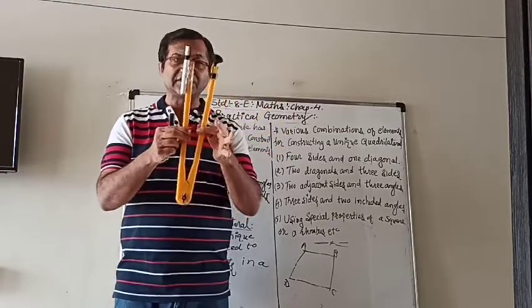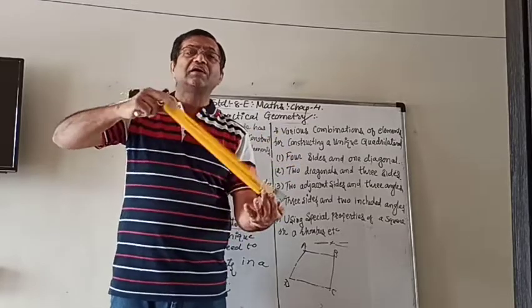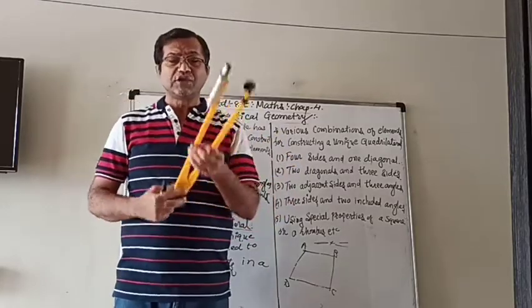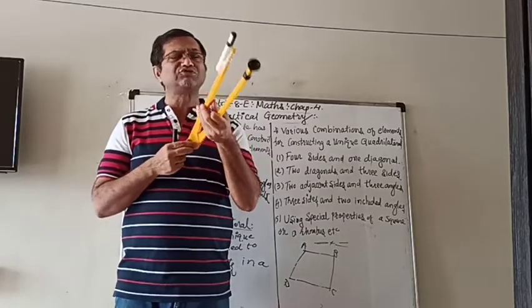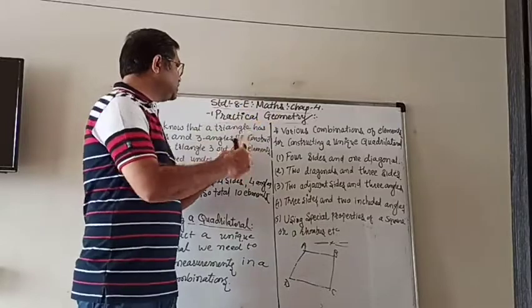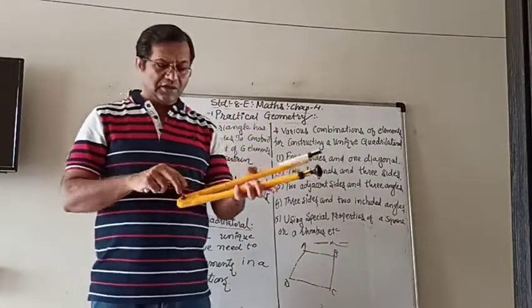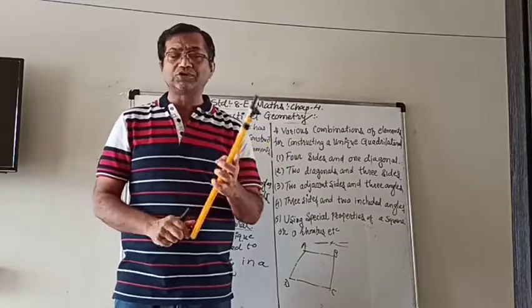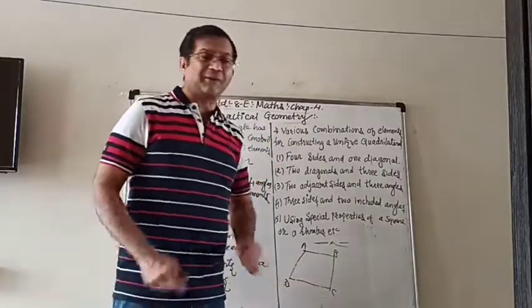It should be tight, so that when you draw, the radius does not change. That is also very important. If your compass is very loose, the radius will change when you draw, and then you will not be able to construct the quadrilateral properly.